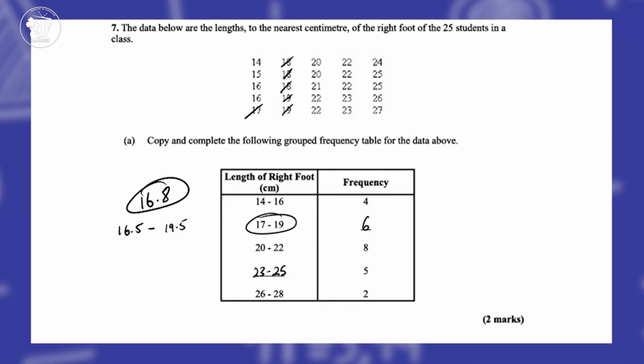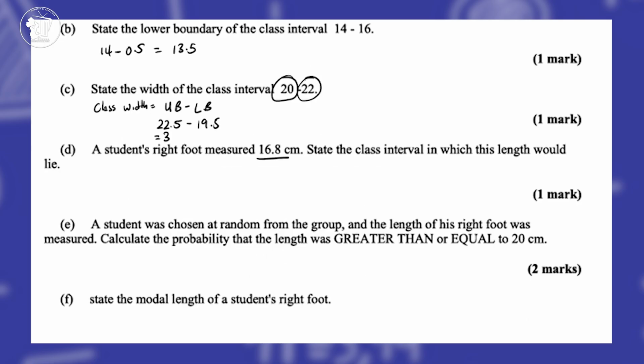So for this one, 17 to 19 covers all the lengths from 16.5 to 19.5, so it would fall in the 17 to 19 class. The class boundaries helped us to determine this.